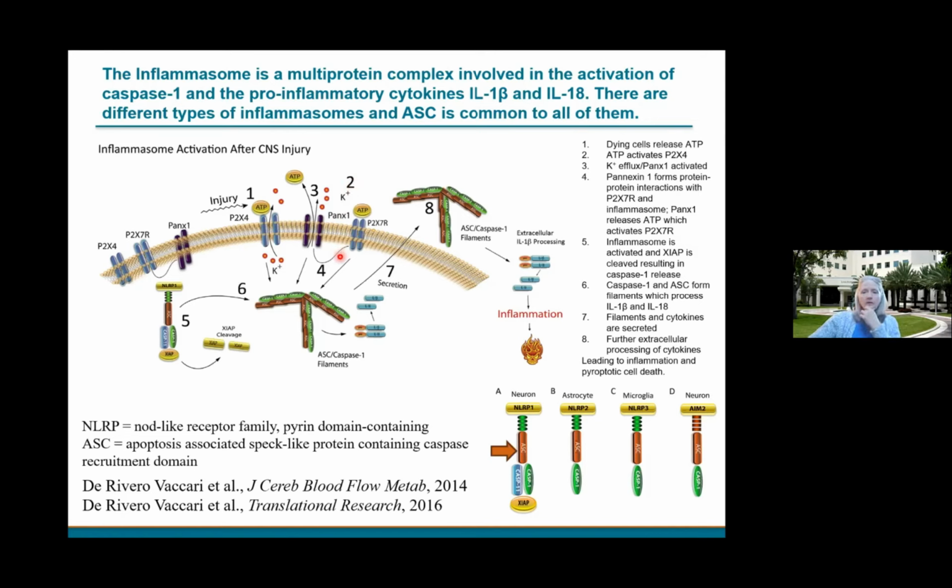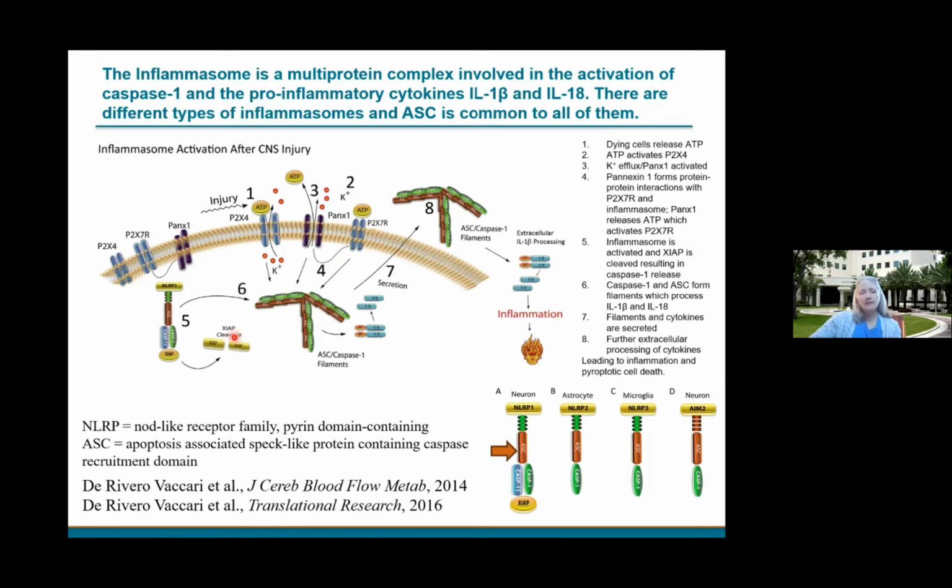Pannexin 1 is activated and interacts with the inflammasome, shown down here. Pannexin 1 releases ATP, which activates another receptor, P2X7R. The inflammasome is activated then.